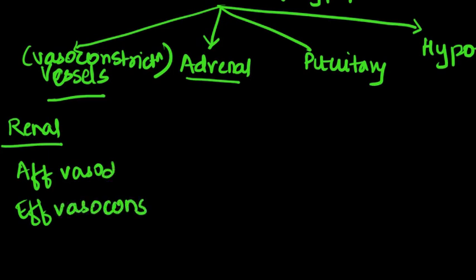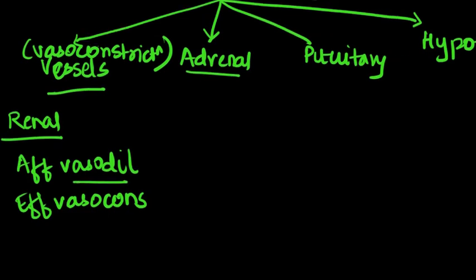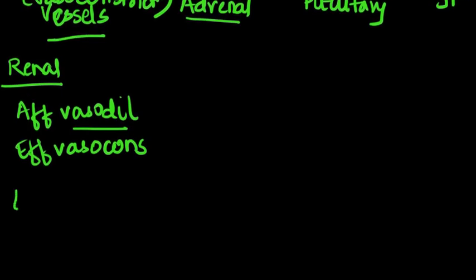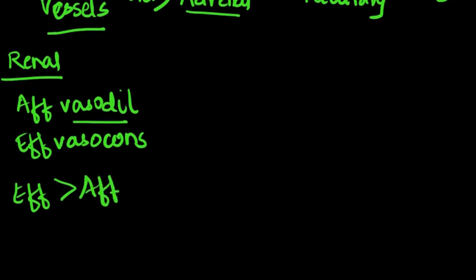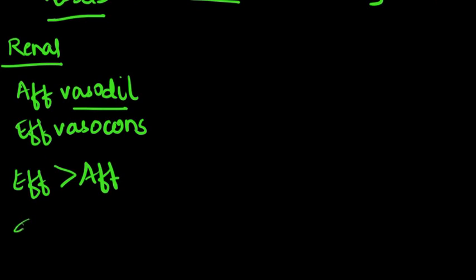As such, there is not a vasodilatation, it's a relative thing. The efferent vasoconstriction would be more than the afferent one, so it looks like the afferent is vasodilated. Systemically, all the body vessels would undergo vasoconstriction.